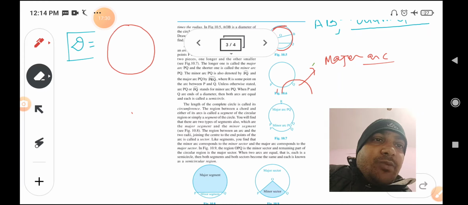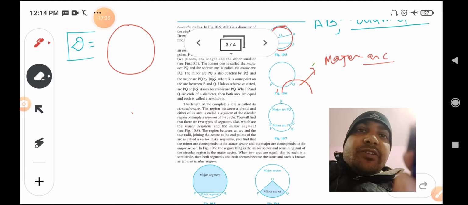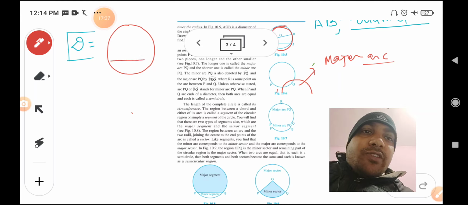The region between a chord and either of its arcs. The chord is this, and the arc is this. So this is the region, and this is known as a segment.